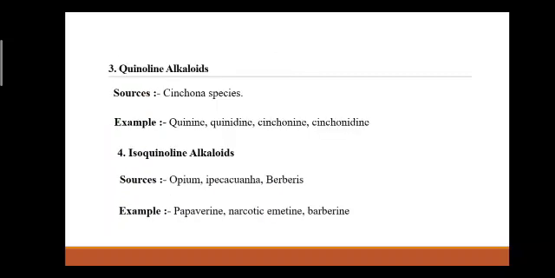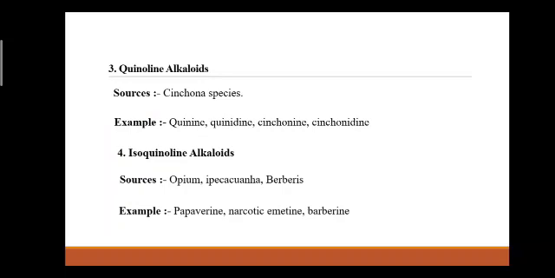Third one, quinoline alkaloids. Sources: Cinchona species. Example: quinine, quinidine, cinchonine, cinchonidine. Fourth class, isoquinoline alkaloids. Sources: opium, ipecacuanha, berberis.